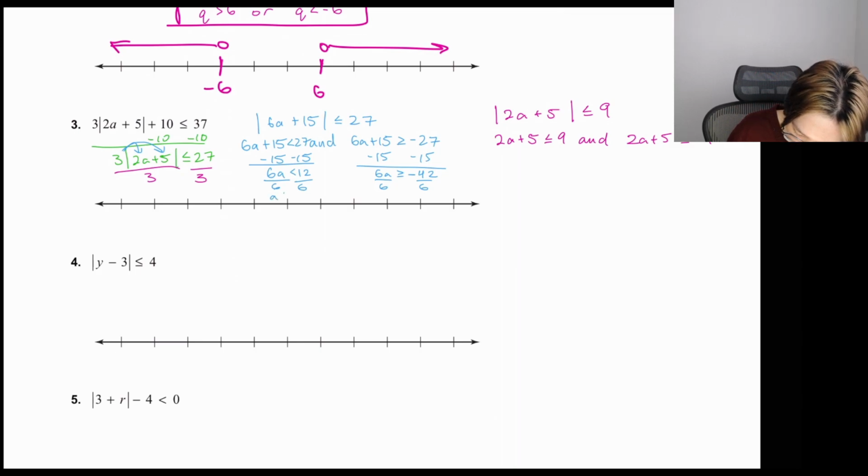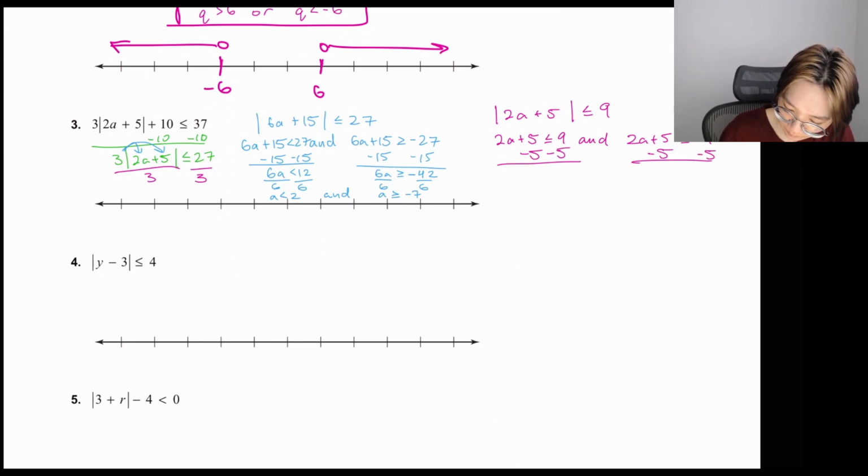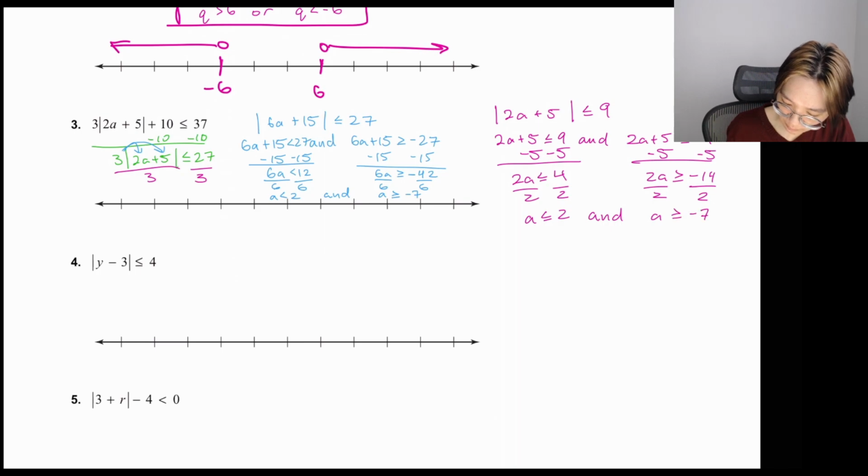So we have a is less than or equal to 2, and a is greater than or equal to -7. And then the other method, where if you just divided instead, 4a is greater than or equal to -14. A less than or equal to 2, and a greater than or equal to -7.